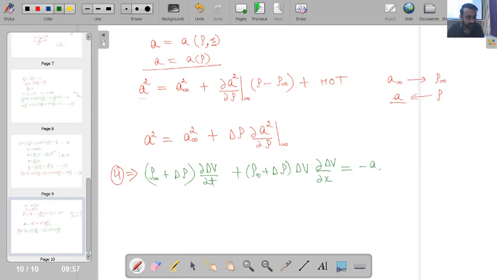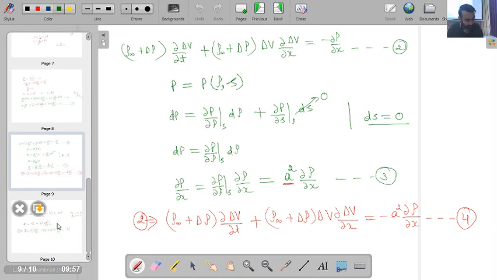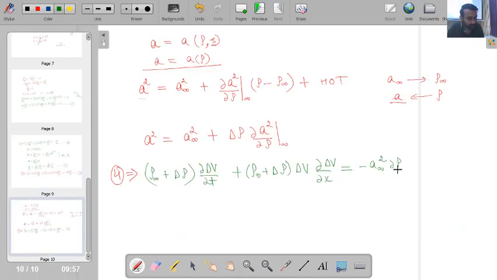It means minus A infinity square del rho by del x, minus delta rho into del square A by del rho at infinity into del rho by del x. So say this is my equation number 5.